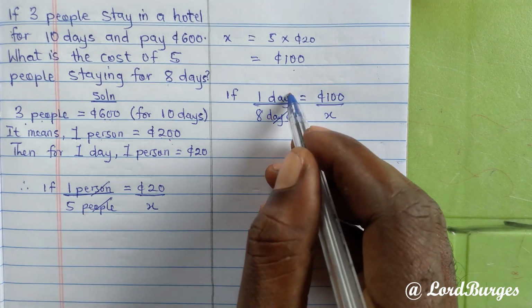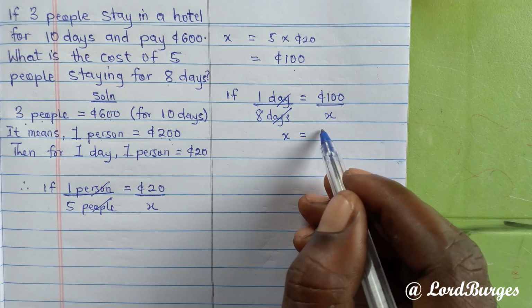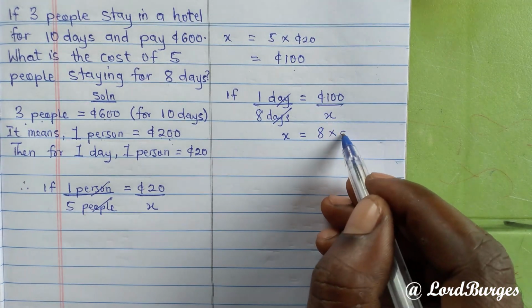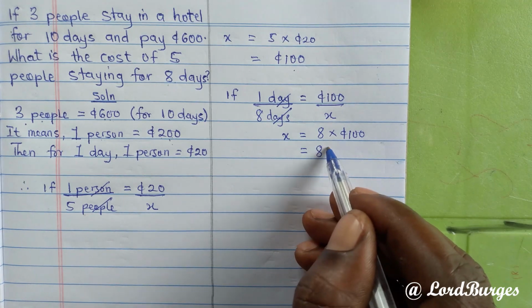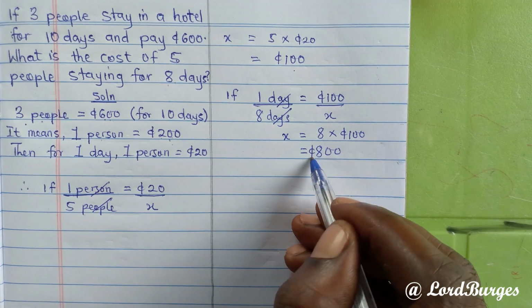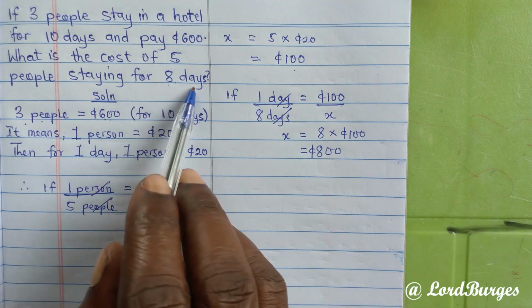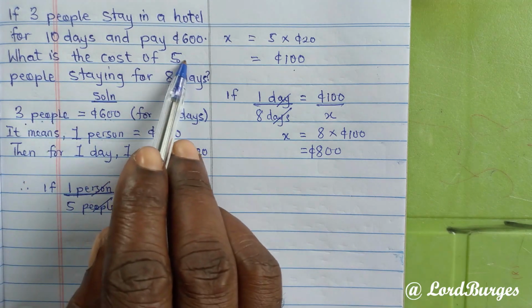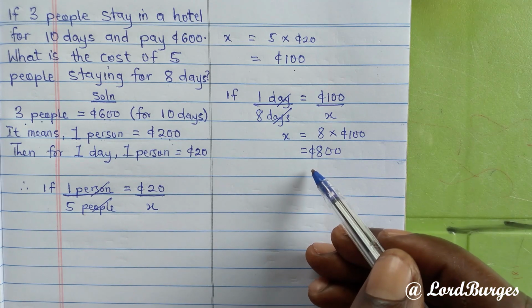Such that this cancels that. So x times 1 is x, equal to 8 by 100, which is giving us 800 cedis. That tells us that the 5 people staying for 8 days paid 800 cedis.